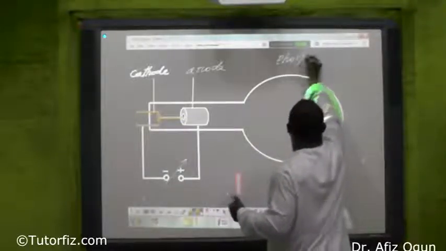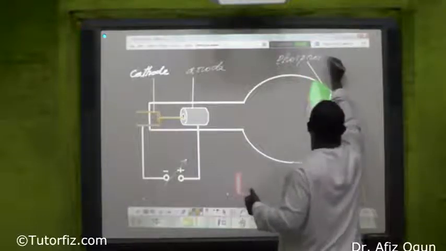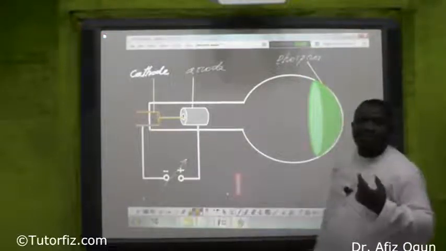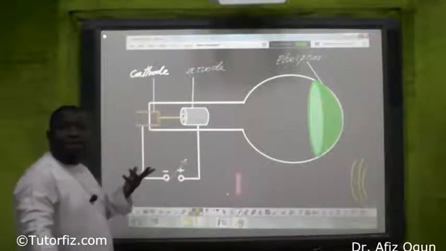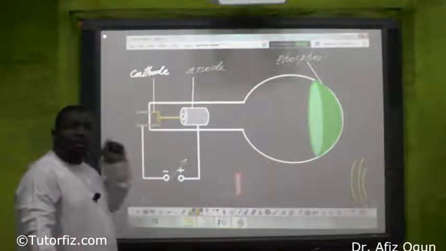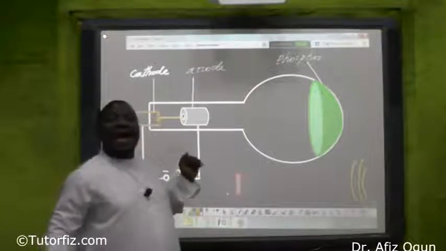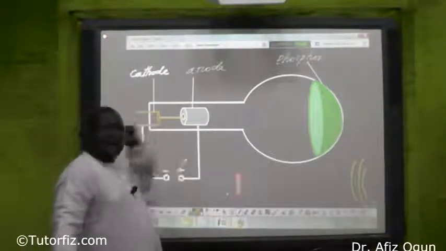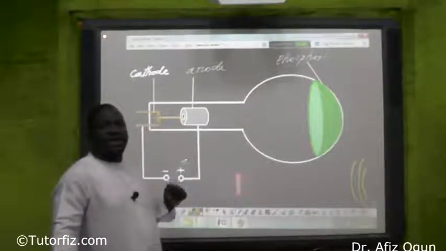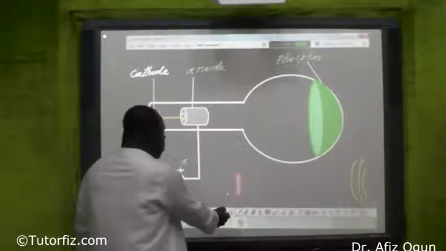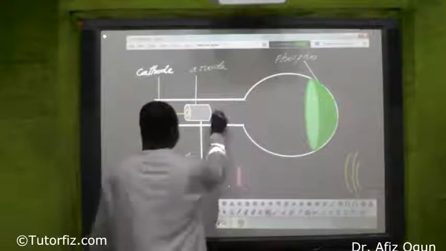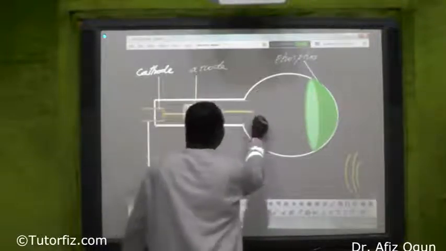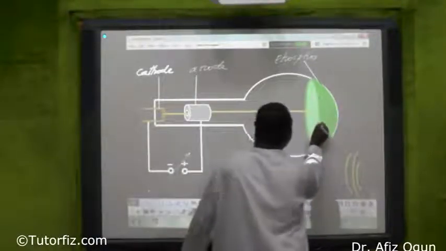It's a phosphor screen. The phosphor will flash when high energy electrons strike it. So the electron coming from here came out and moved straight.